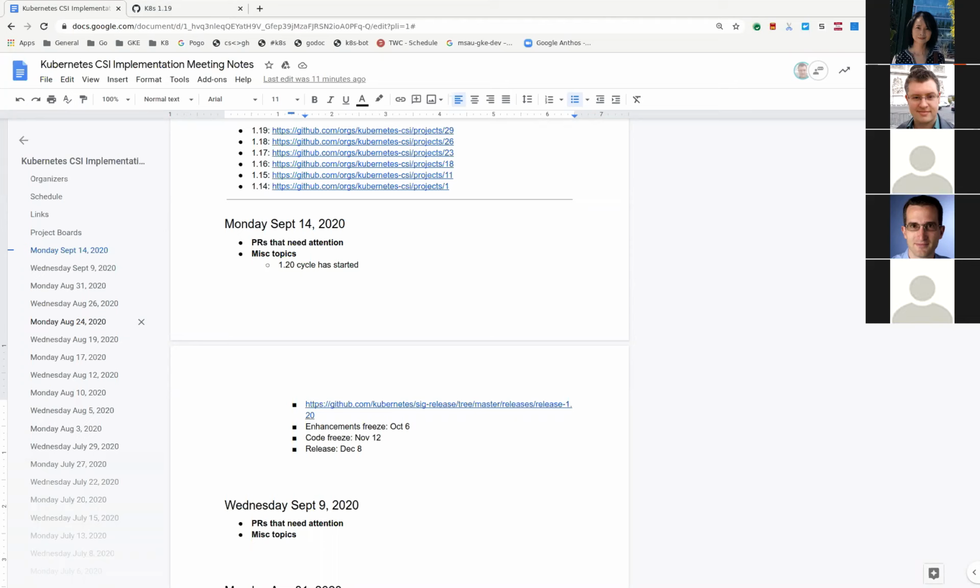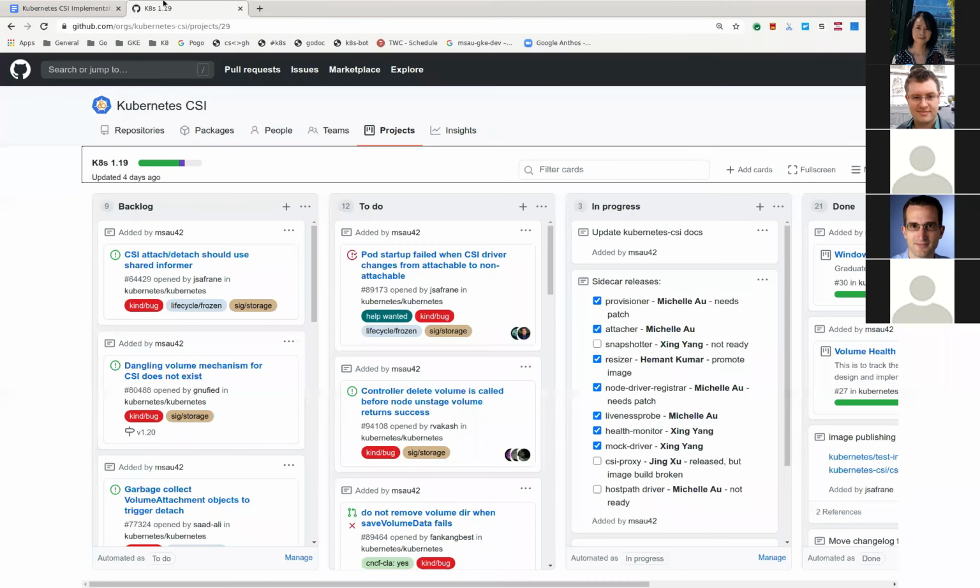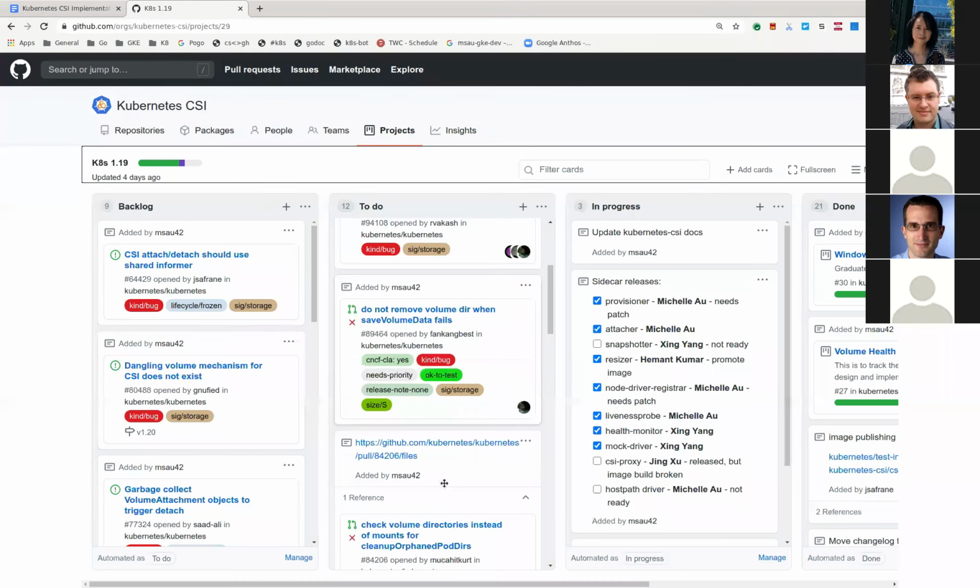I updated at least the snapshot project board just to list all the things that we need for that to go GA. Basically the metrics, and then mainly E2E tests, I think.